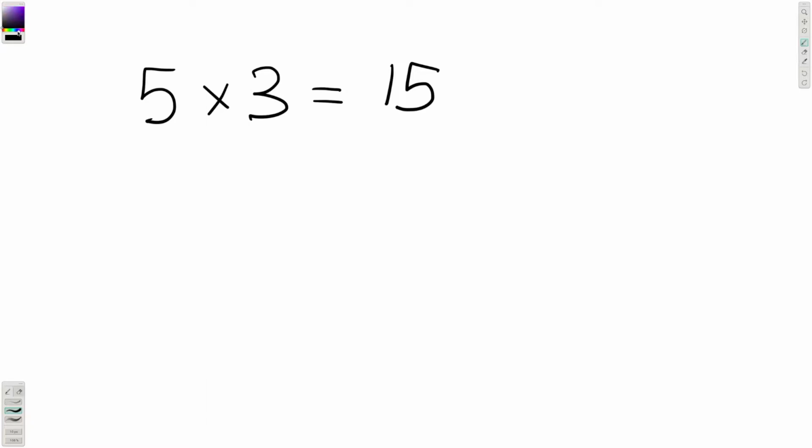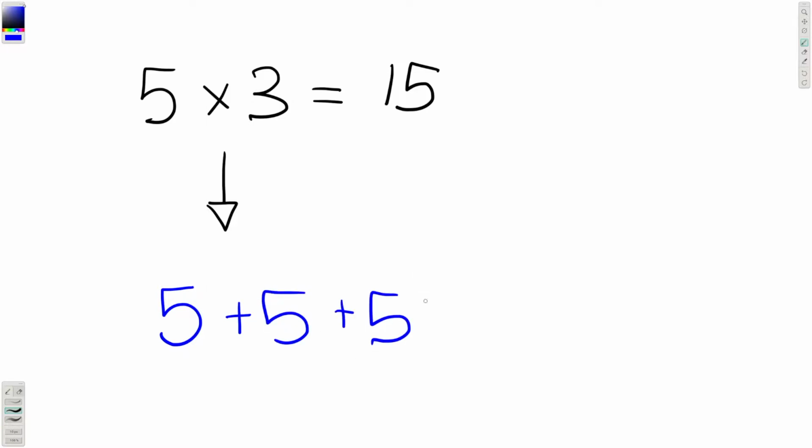I'm assuming you would tell me that this is also the same thing as 5 plus 5 plus 5. And this is also equal to 15. So you know these two ways are equal.